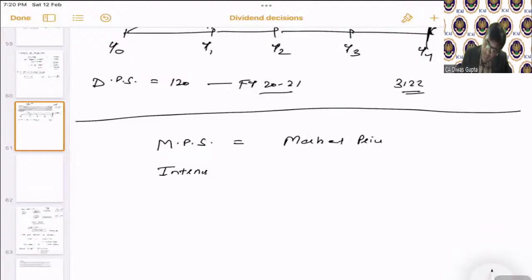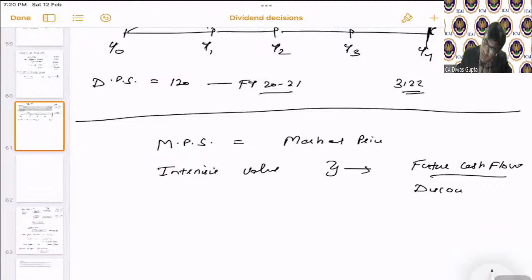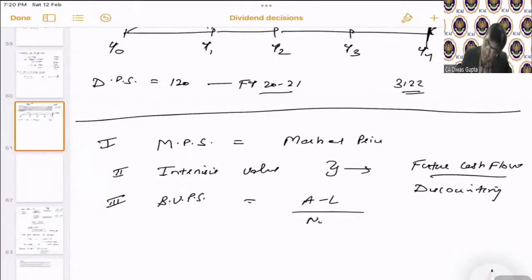Intrinsic value is another one, which depends on the future cash flows after discounting. Third is book value per share: assets minus liabilities divided by the number of shares. This is also one of the methods.